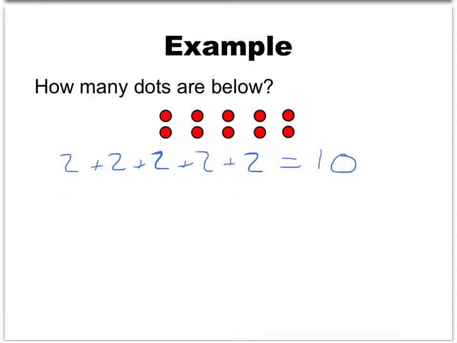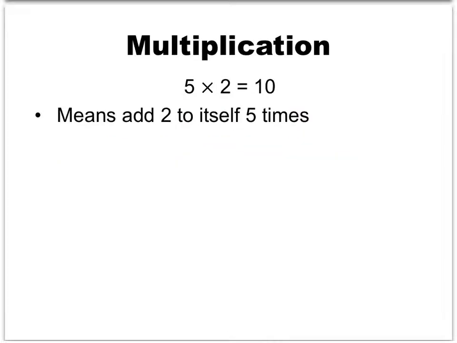Another way, if you remember back from elementary school, we said that multiplication was repeated addition. So we could say that we've got 5 times 2 equals 10. So that's another way that we could represent the solution to this problem. This illustrates one interpretation of multiplication.